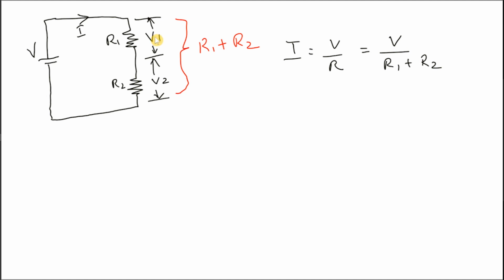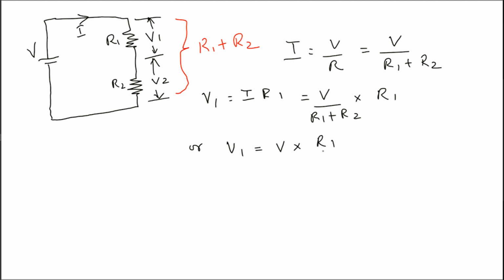If V1 is voltage across R1 and V2 is voltage across R2, we can write V1 is equal to I into R1, that is equal to V by R1 plus R2 into R1, that is the voltage across R1.